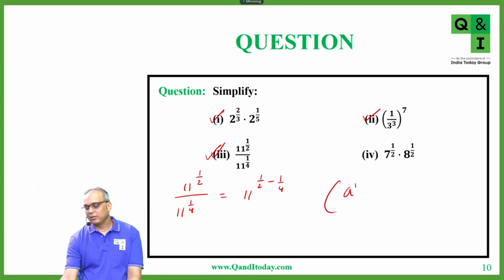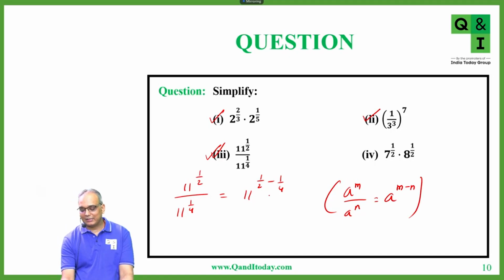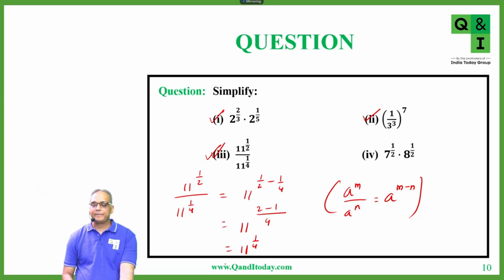The answer will be 11 to the power 1 upon 4. So a to the power m divided by a to the power n is a to the power m minus n. We take LCM as 4, so we have 2 minus 1, which is equal to 11 raised to the power 1 by 4. Clear, students?